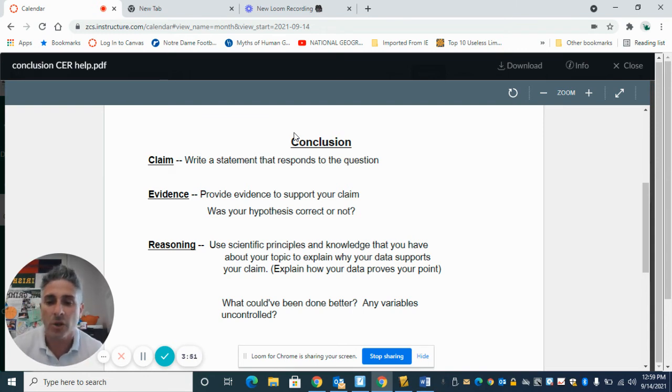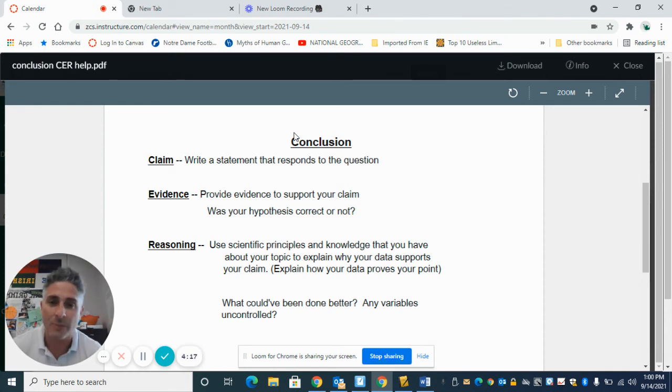Then you want to go into your reasoning, the R part of the CER. You want to use scientific knowledge or concepts that explain why your evidence supports your claim. So if your 20% solution made the biggest bubble, why? If your 5% made the biggest bubble, explain why. So you may need to do a little bit of research and explain, hey, what's the science why my 5% got the biggest bubble?